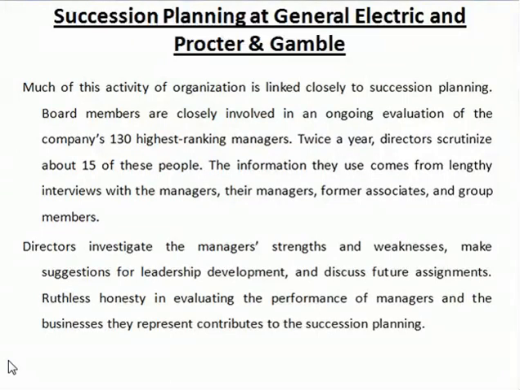They are going to suggest leadership development among them, and also discuss the future assignment of those people, their probable success, as well as honesty in evaluating the performance of managers and the business they represent, which contribute to succession planning.